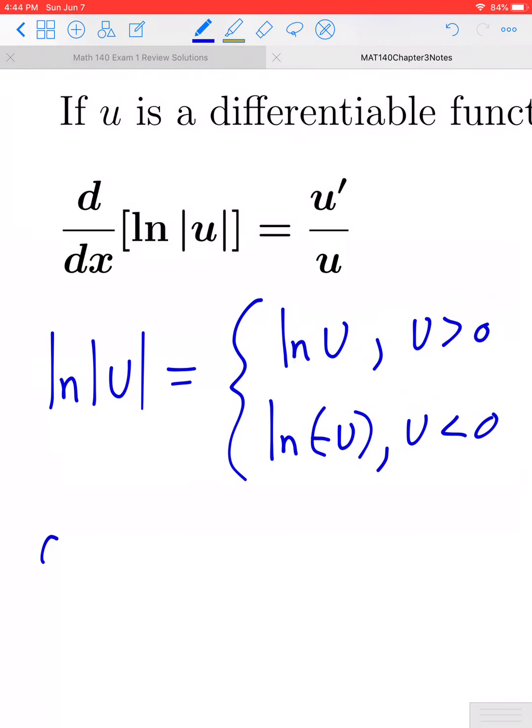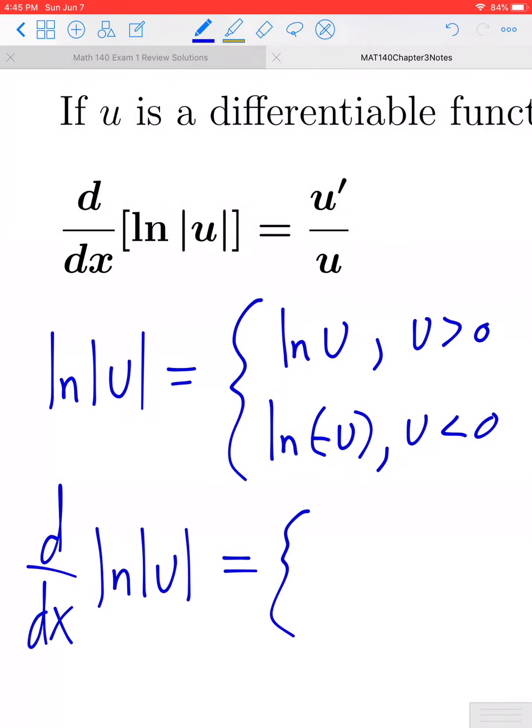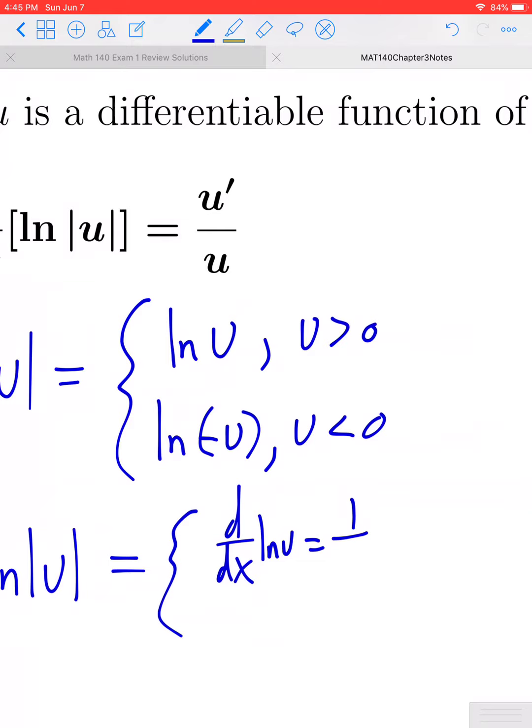Therefore, if we look for the derivative, d dx of the ln of the absolute value of u, that's going to be d dx of the ln of u, which would be 1 over u, and then from the chain rule u prime, for u greater than 0, and then d dx of the ln of negative u.